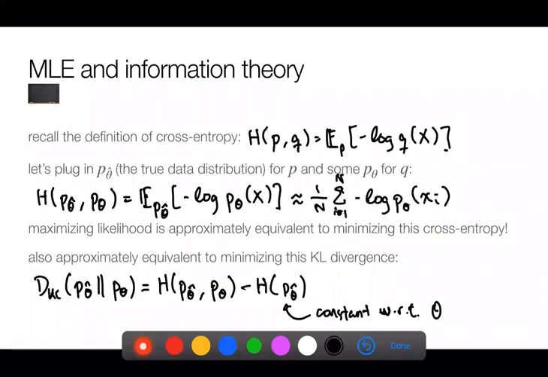So argmax of f of x is the same thing as argmax of log f of x. The max value is different, but the argmax is the same. So when I say log of a product of probabilities, that turns into a sum of log probabilities.